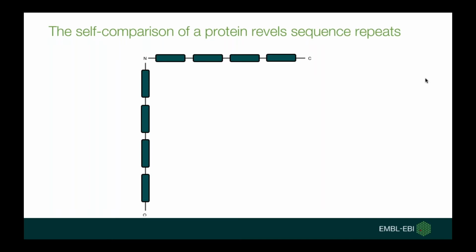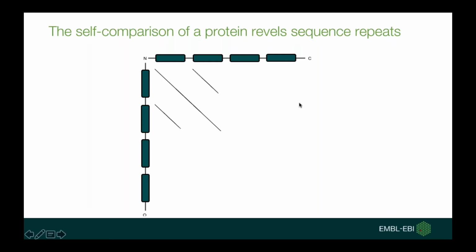And then what we should see in this comparison is a pixel of higher intensity when two amino acids are identical. What we can see is trivial here, which is that the first domain corresponds exactly to the first diagonal.